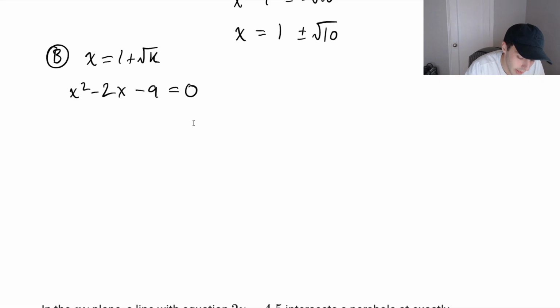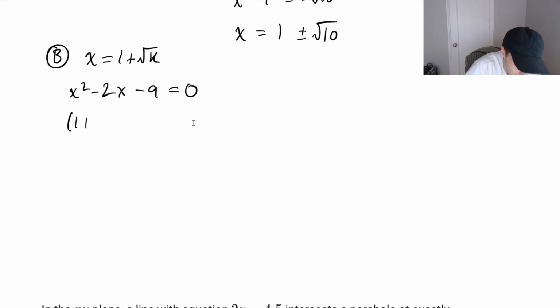Well, then we can just plug in our value of x that we know is a solution and then solve for k. This is just a quadratic of one variable, and x is 1 plus square root of k. That's also just one variable. If I make a substitution here, it should just turn into a new quadratic that we can solve directly for k.